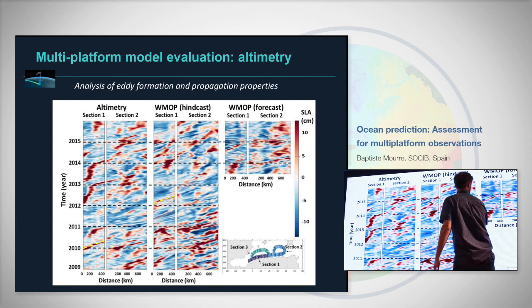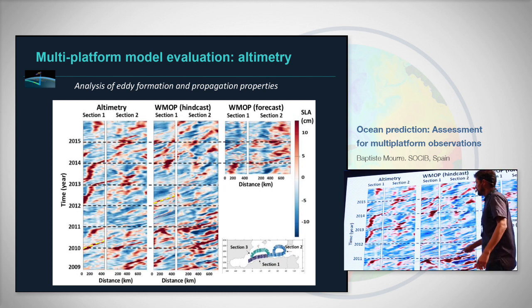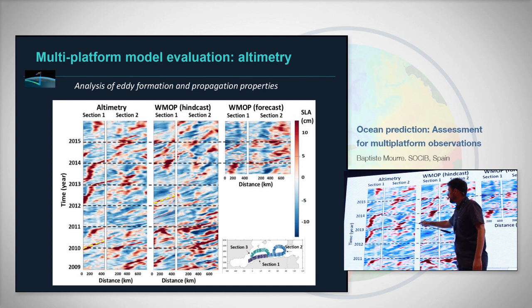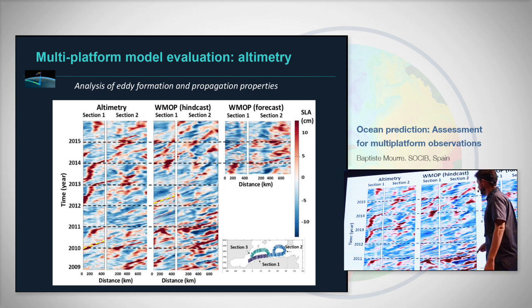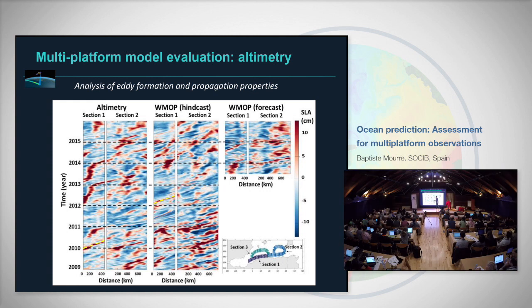If you focus on section 1, which is this one, you see that in the altimetry you have, on average, one big eddy per year. In the WMOP, it's not as clear. You have more or less the same frequency, but you don't have any match with the eddy in the free run. You really need the assimilation here to have this representation of the large mesoscale eddy in the Algerian basin. And you can, for instance, evaluate if you have the right propagation speeds, or do some more analysis once you have identified your eddy trajectories.